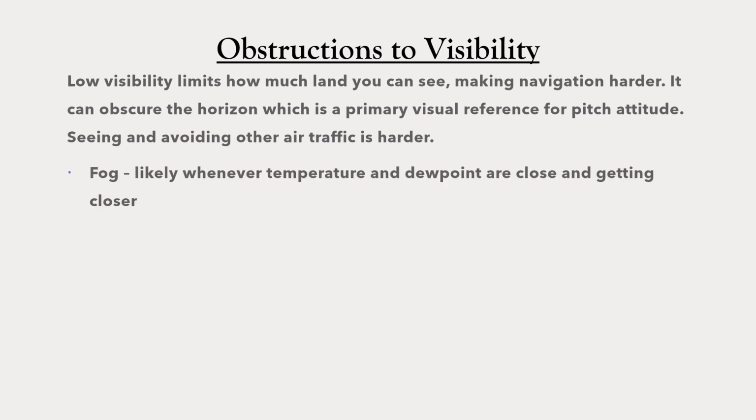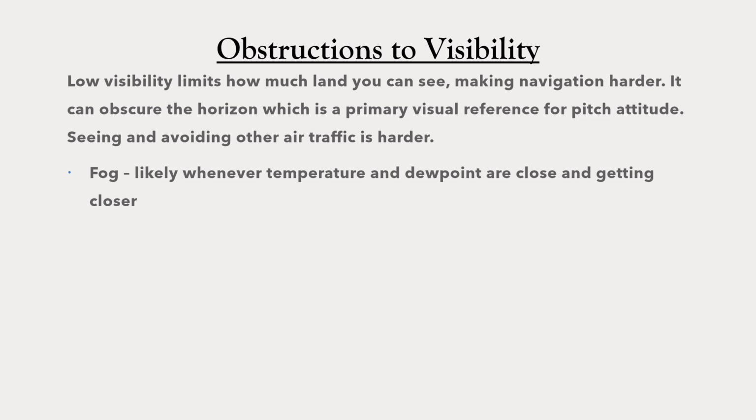Some of the things that get in the way of having good visibility, one of the worst culprits is fog. Fog occurs whenever the temperature and the dew point are close together and getting closer. There's a variety of different types of fog which develop in different situations that cause the temperature and the dew point to get closer together.